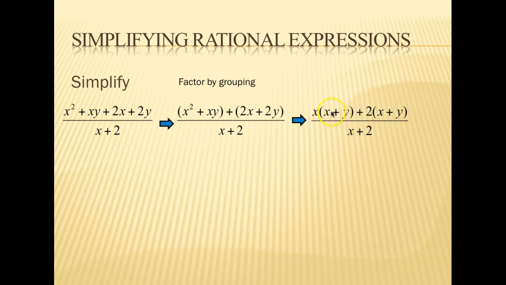And so remember our factors. Once we have this, the stuff inside the parentheses should always be the same, and that will be one factor. The stuff outside our parentheses is our other factor. And now I can reduce x plus 2 divided by x plus 2 to 1. And I'm left with just x plus y.